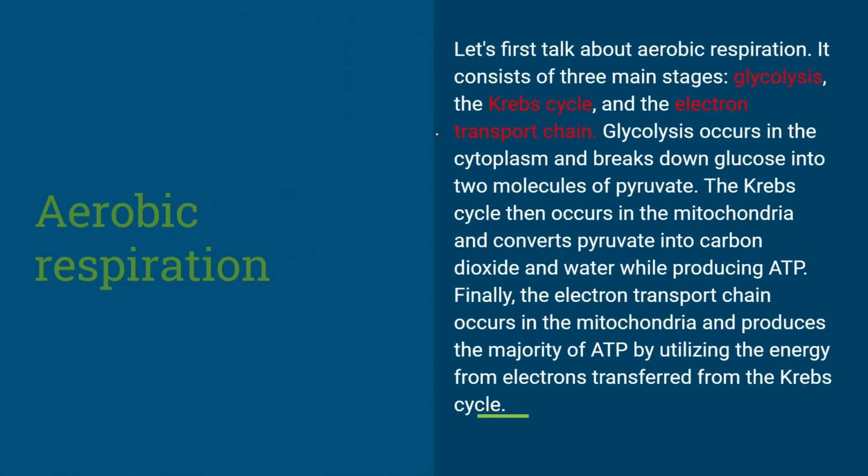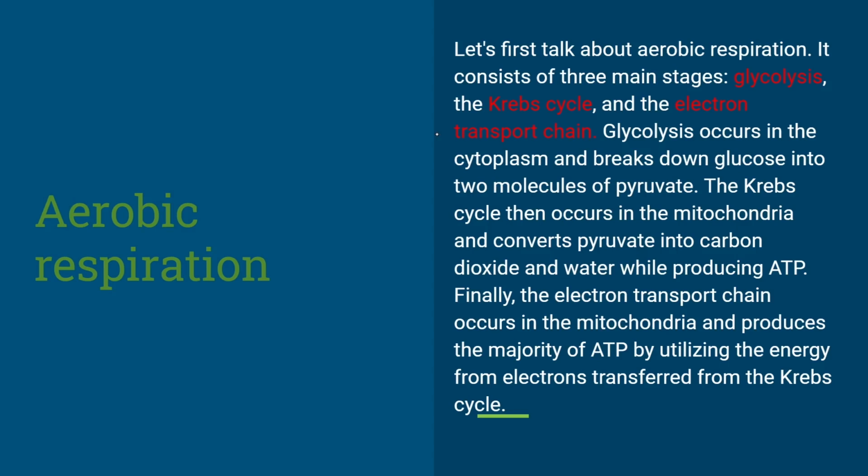Now, aerobic respiration. So let's first talk about aerobic respiration. It consists of three main stages: glycolysis, the Krebs cycle, and the electron transport chain.